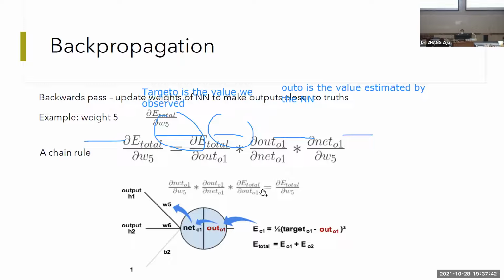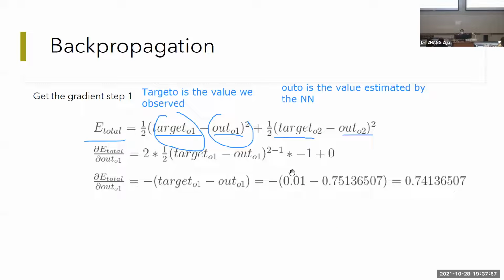All right, so let's go back and see what we need to compute. First, we need to compute the first derivative: the derivative of the total error against the output at output node 1. Because here we have the parameter output at output node 1, we just take a derivative. Taking derivatives, everyone knows, right?